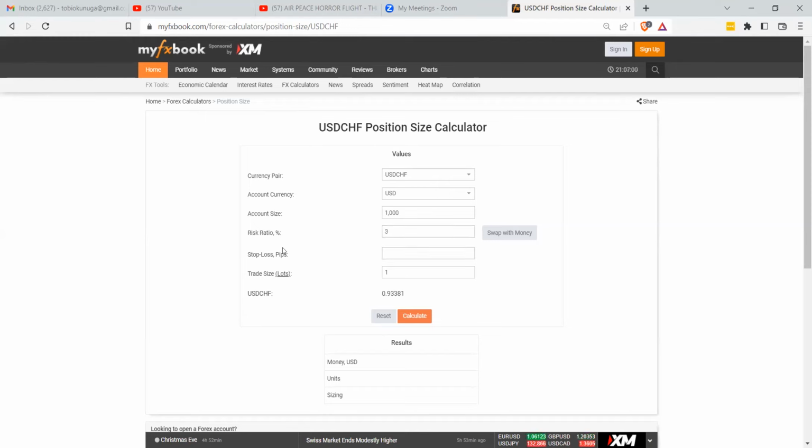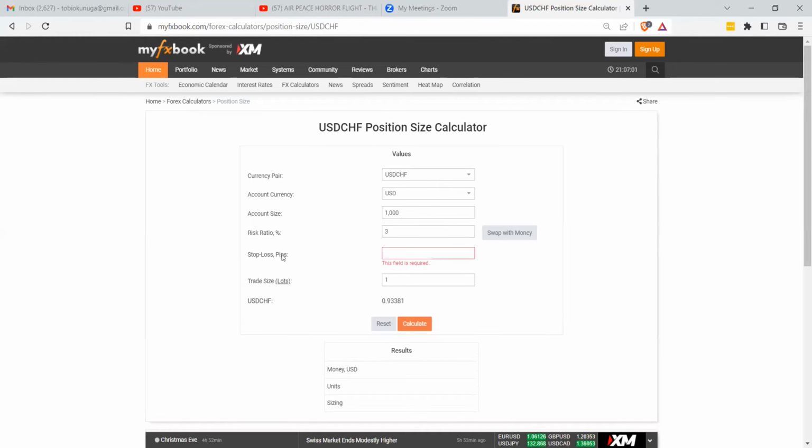What is your stop loss in pips? Okay, so that means you want to measure. So let me quickly use this. Let's say you are entering for a buy. All right, so this is your entry. Let's call this E. And then your stop loss is somewhere below here.